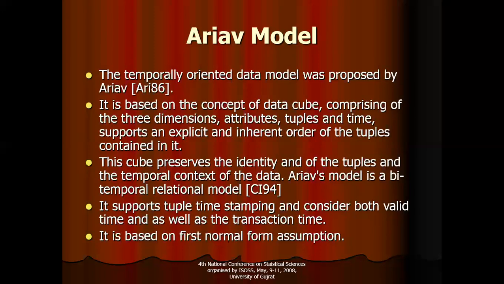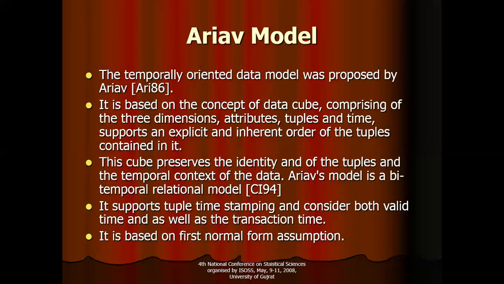So once we have that cube defined, it means the identity of the tuples is being recorded. It means you can refer to any tuple in the context of attribute, tuple, and time, and the temporal context of the data as well. Whenever we introduce the concept of time, it means that we have the temporal context, that we should know what time we are referring to.